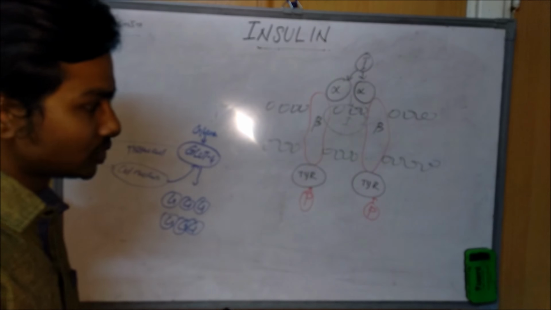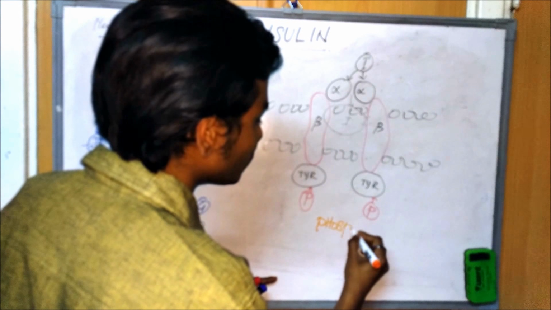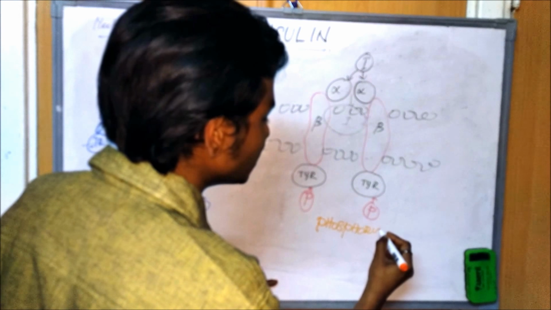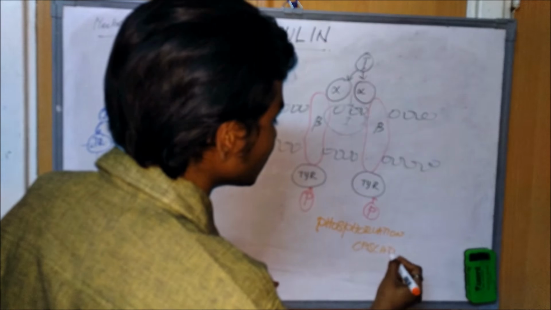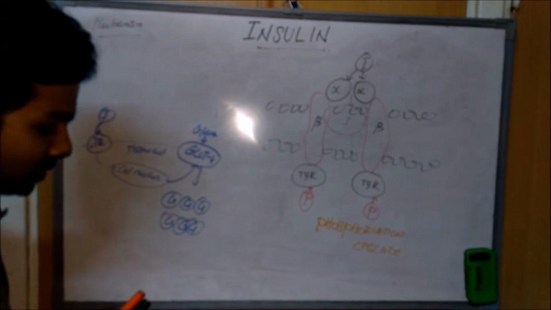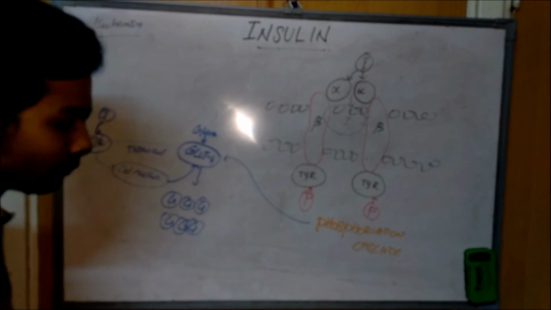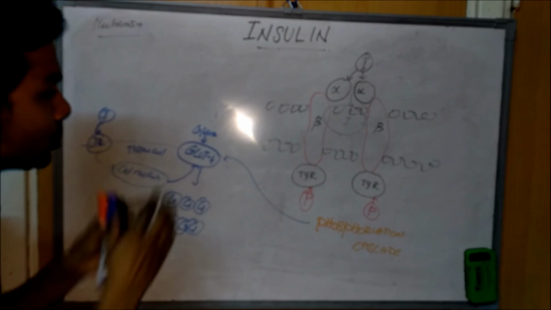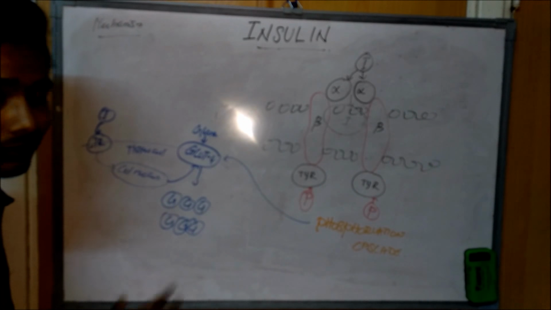So there will be activation of the phosphorylation cascade. This phosphorylation cascade will initiate the protein channel, which is the GLUT4 channel. So this GLUT4 channel will open up, and then the intake of glucose will be higher.